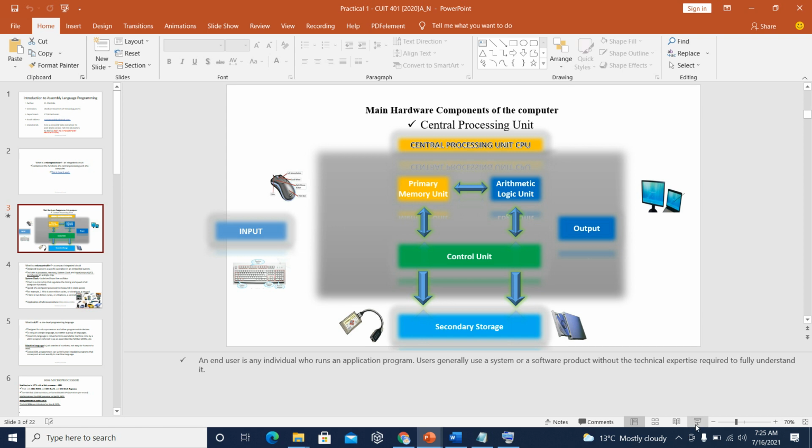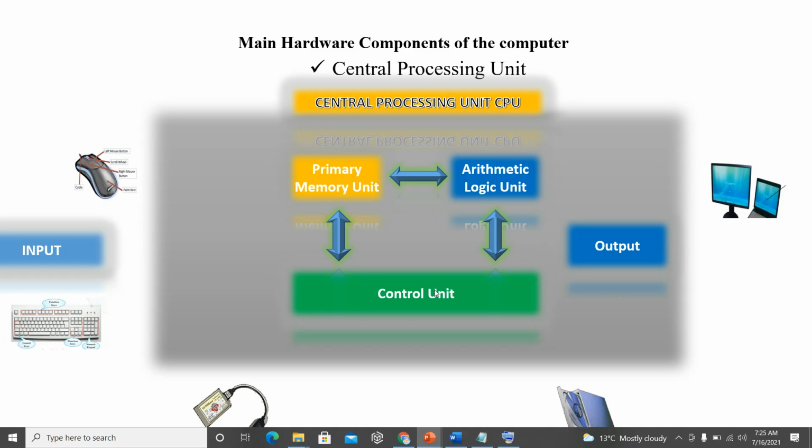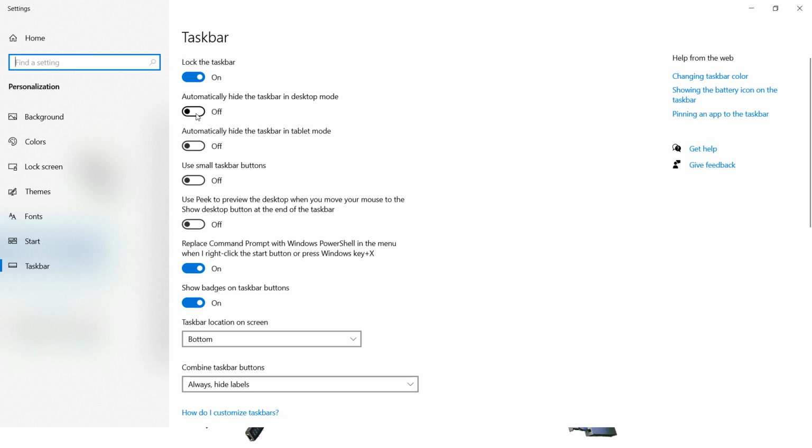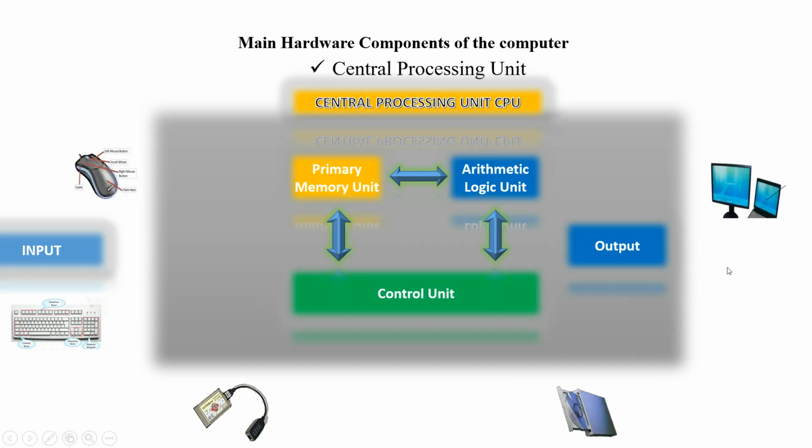So let's just play this animation, and we can see that we have input devices feeding into the processing unit, central processing unit, and then the central processing unit feeds to the output devices, and also it feeds to the storage devices. So let's just play it so that you can see how it goes.